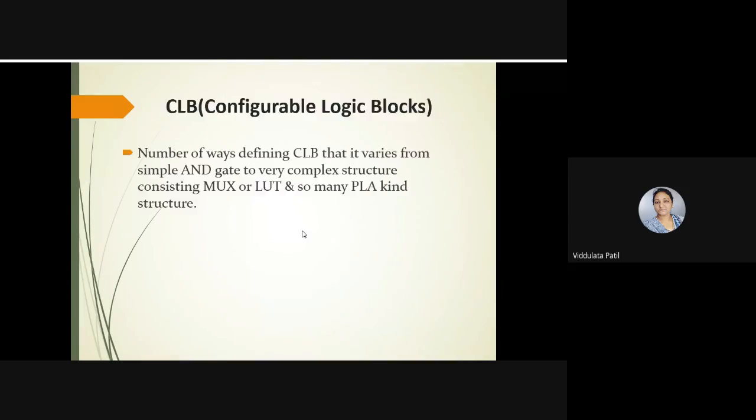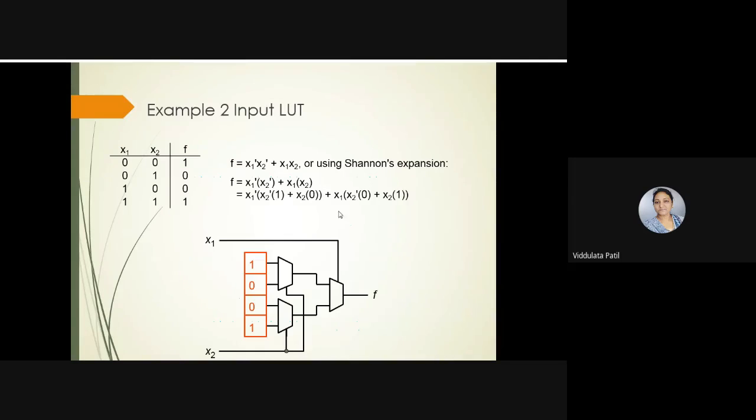And then with this x1 and x2, each of the outputs will be present at the output. So remember that these lookup tables use a multiplexer.